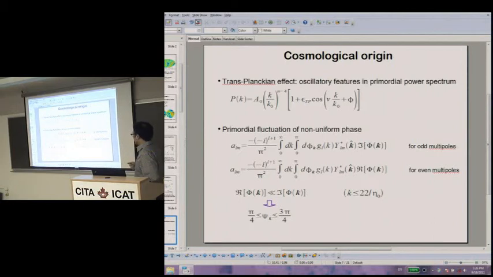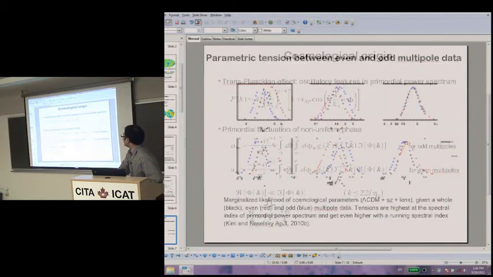This is the primordial fluctuation in Fourier space, and then you can say the real part may be suppressed compared to the odd part. Then the phase of the primordial fluctuation may be constrained to a certain range of angle for very large scale. Here, this corresponds to 4 gigaparsec in the current universe. And these are the two possibilities.